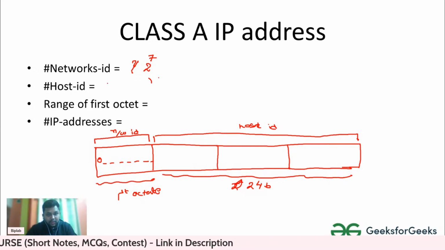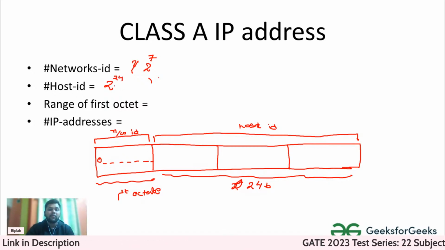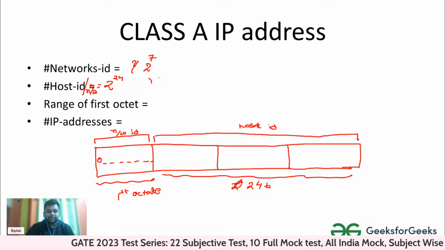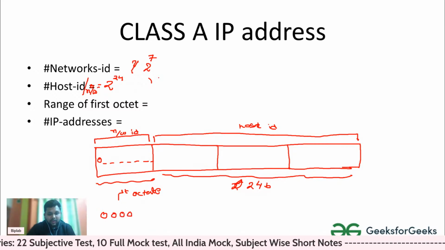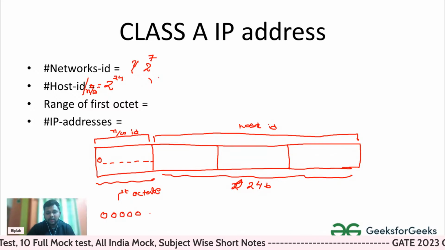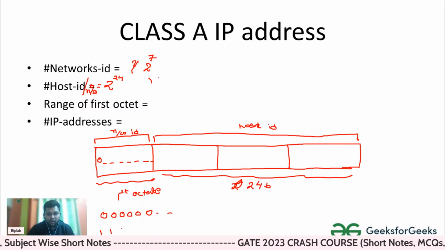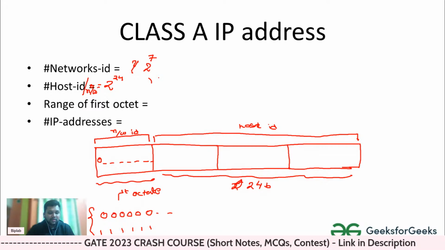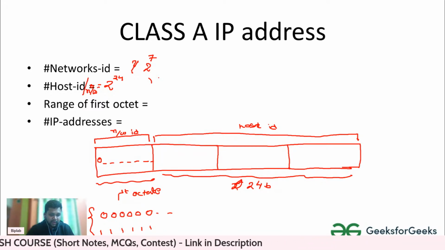So you have 2 to the power 24 hosts per network. Now when the network ID is all zeros or all ones, those are used for special cases. We will talk about these special cases later.